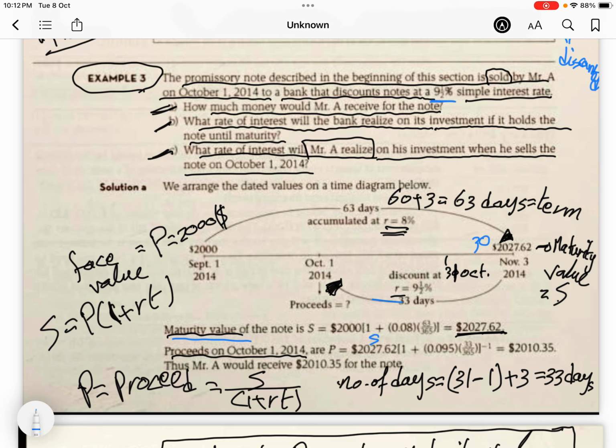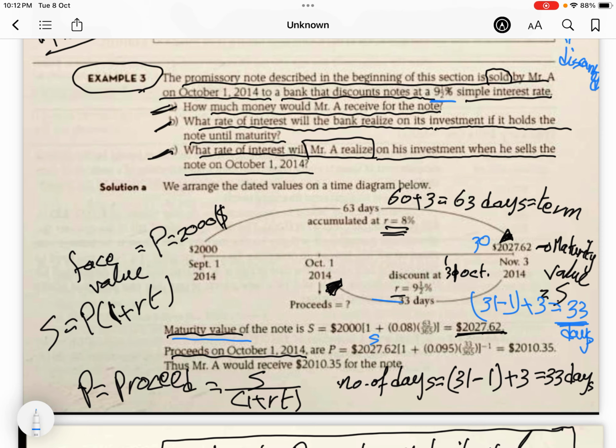Here 31 minus 1 is 30, and you have 3 days. 31 minus 1 plus 3 is 33 days. This is the discounted period.